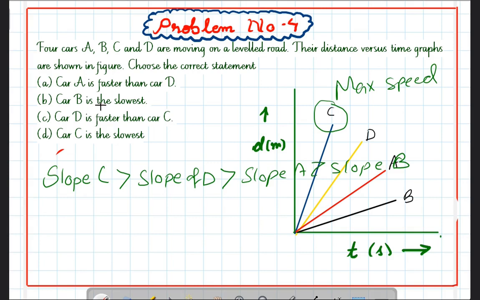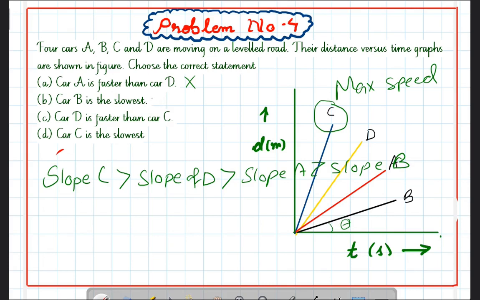And now let's choose the correct statement. Car A is faster than D. If we see the graph, since the slope of A is less than slope of D, this statement is wrong. Car B is slowest. Here the slope has a least or minimum value, so the angle theta has a minimum value in this case.